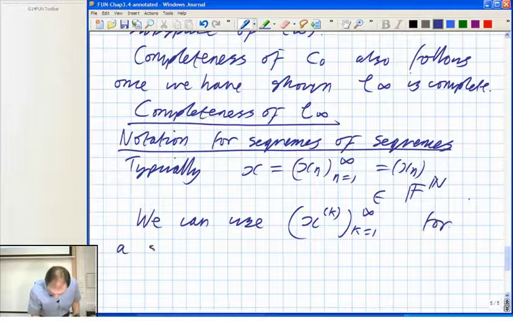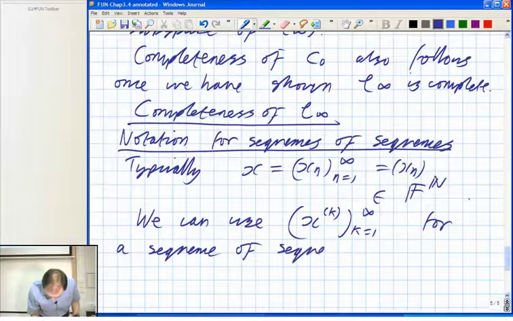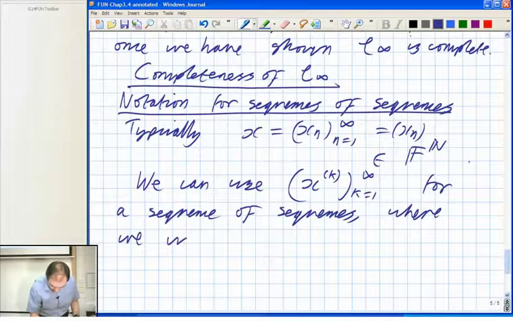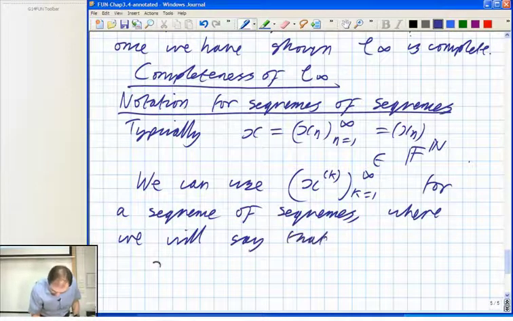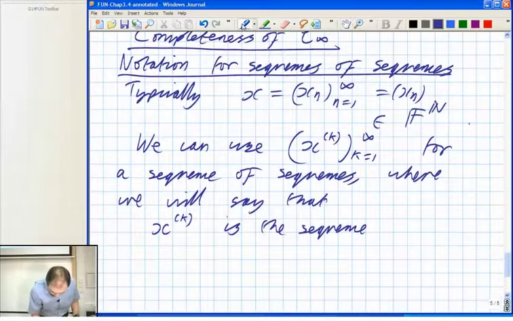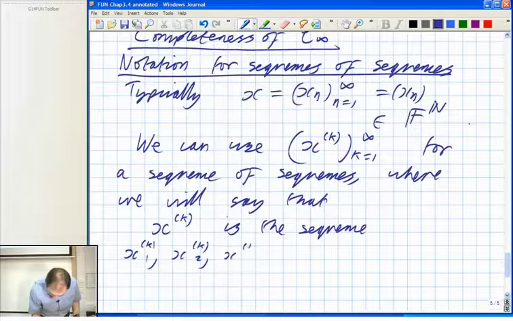For a sequence of sequences, we will say that x^(k) is the sequence x^(k)_1, x^(k)_2, x^(k)_3.